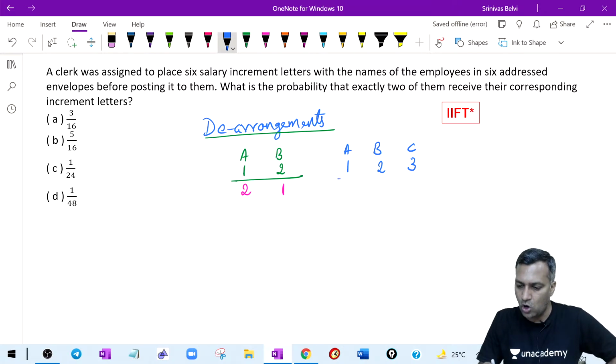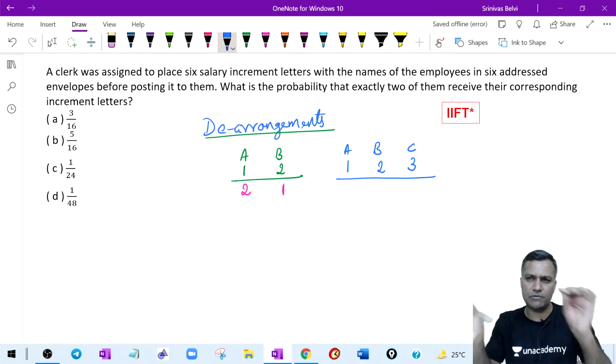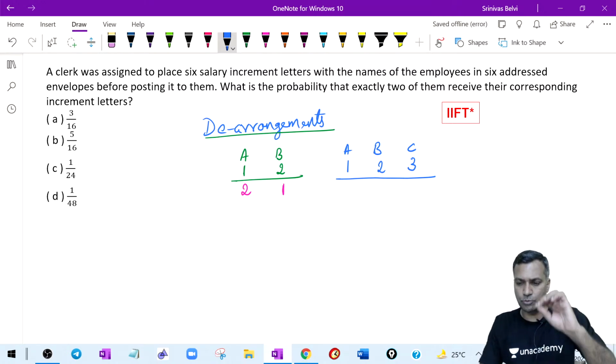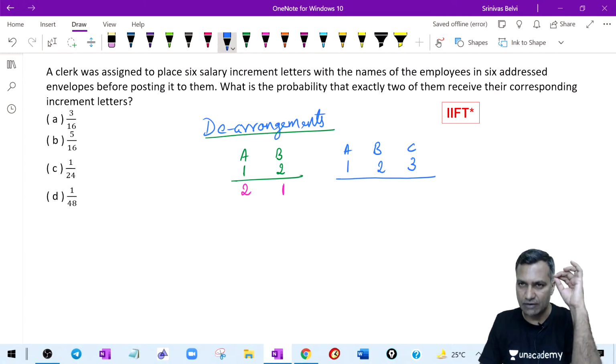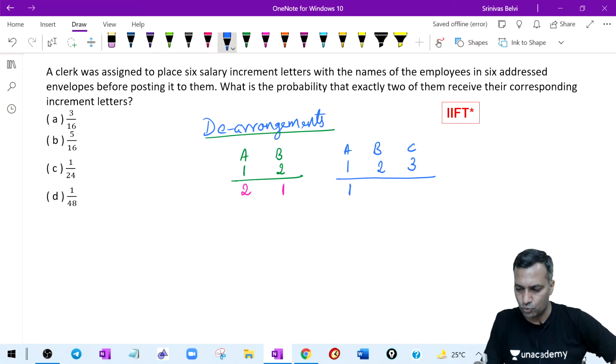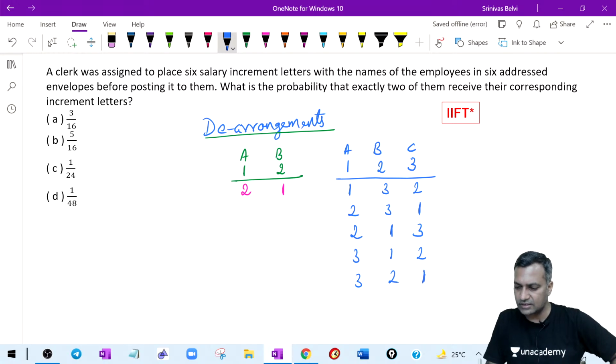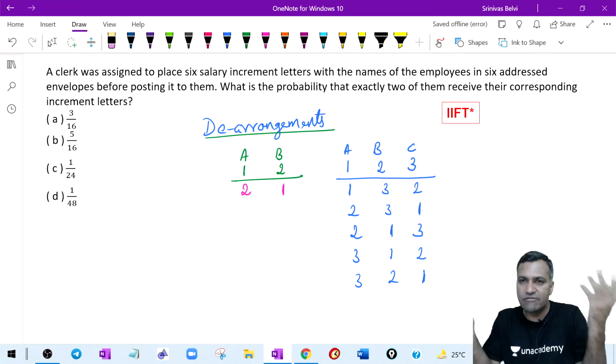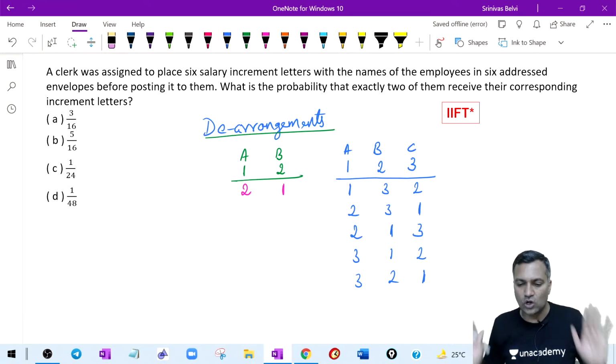Now let me write all possible ways of putting money into 3 envelopes, named A, B, C. I can put 1, 3, 2, or 2, 3, 1, or 2, 1, 3, or 3, 1, 2, and then 3, 2, 1. These are the 6 ways. Basically 1, 2, 3 can be placed in 3 envelopes in 3 factorial ways, nothing but 6 ways.